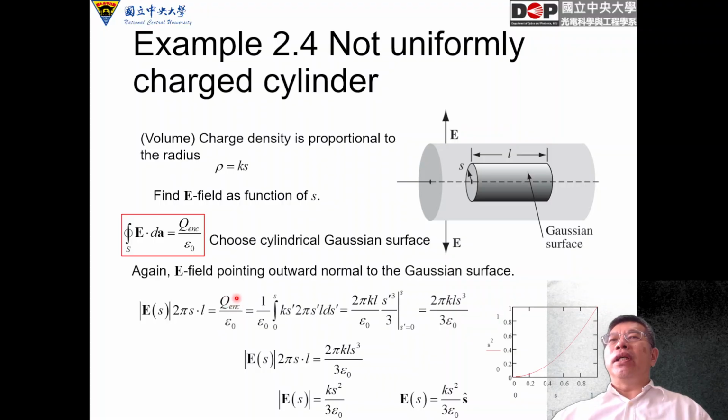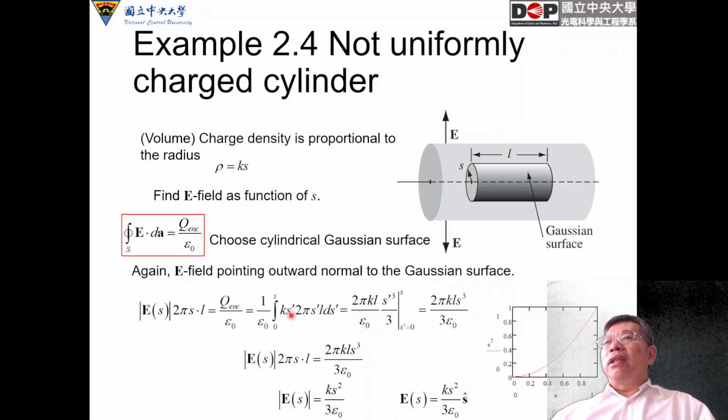So that will be the enclosed charge inside this Gauss surface. We just write things down. This encloses the charge, which is the volume integral of your charge density. You can just go through it, integrating from s equals 0 to s, any particular s.